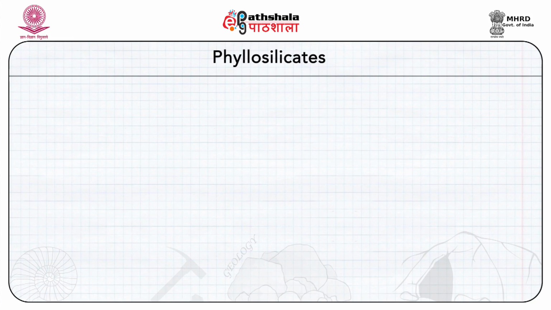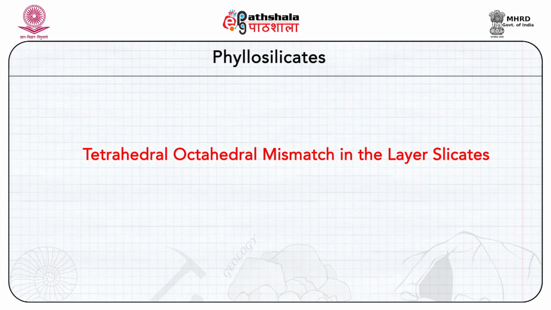The net negative charge on the TOT layer is balanced by the net positive charge of the interlayer O sheet. Now we will discuss the tetrahedral octahedral mismatch in the layer silicates.